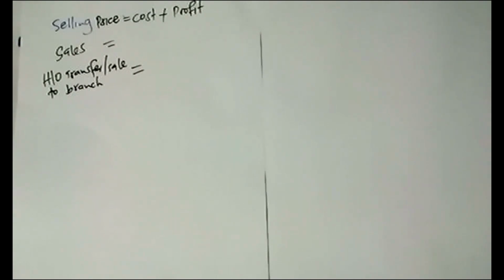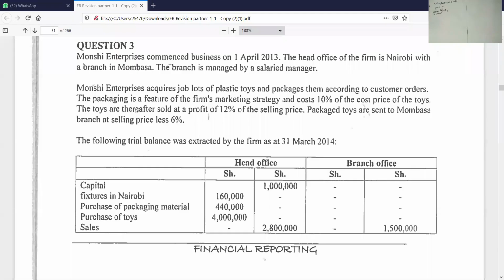So the first 12% was concerning the sales, because they have said the toys are therefore sold at 12% of the selling price. And when they say at selling price, know that obviously your selling price would be at 100%. If they had said 12% at cost, I would have said that my price to start with would be 112.